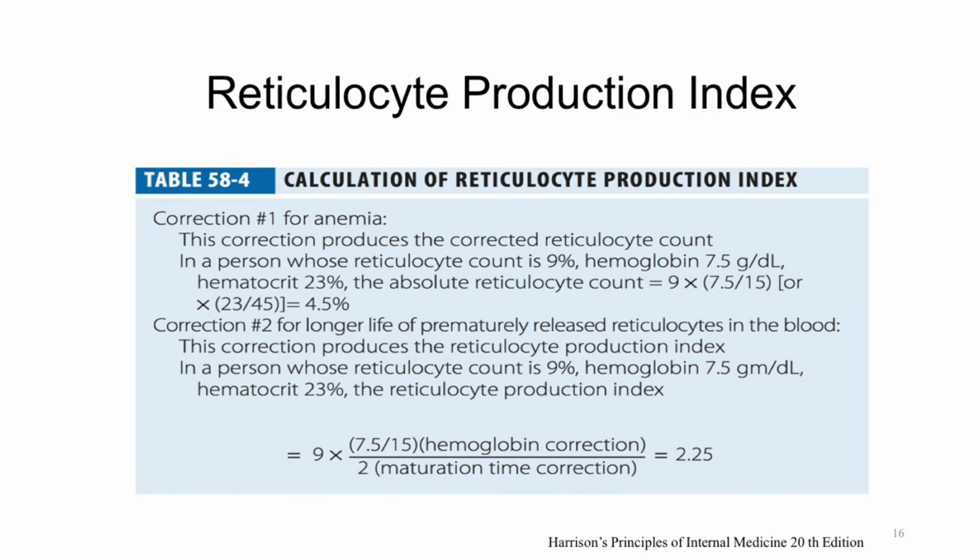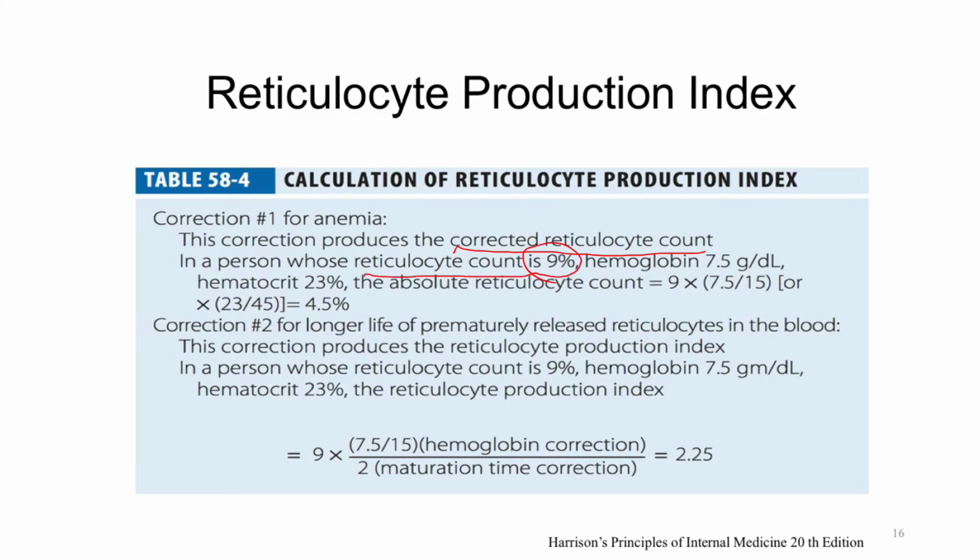We give at least two corrections, and this is calculated by a formula. We must have hemoglobin, hematocrit, and the normal hemoglobin level for a person of that age and sex. This correction produces a normal corrected reticulocyte count.